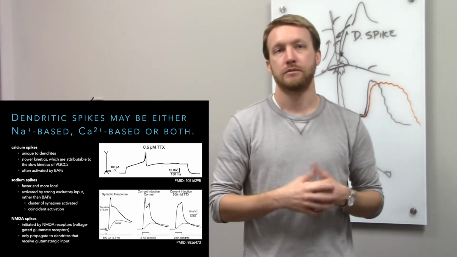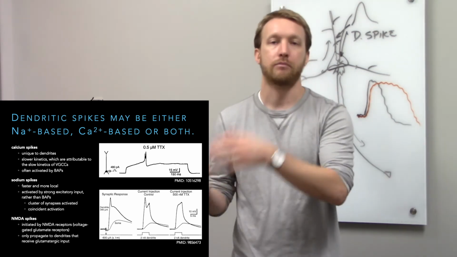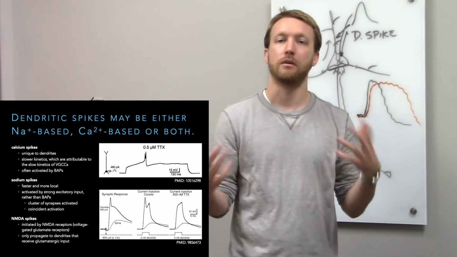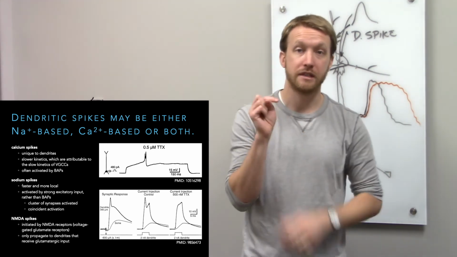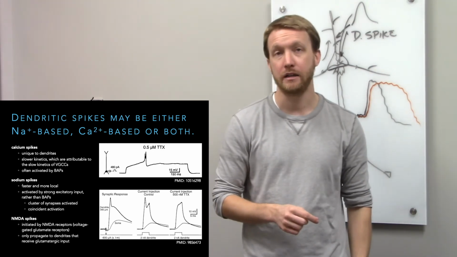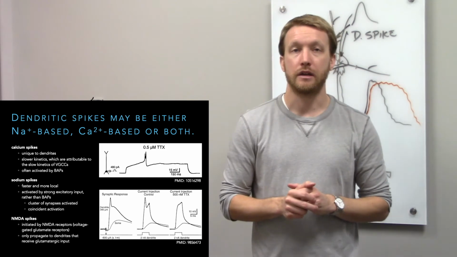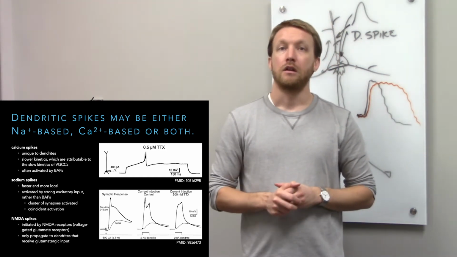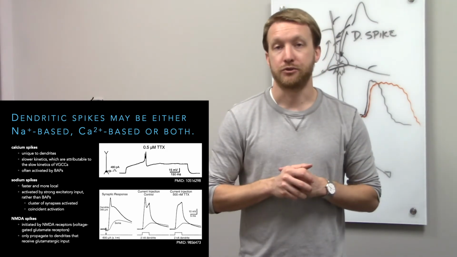So these calcium spikes are typically going to be caused by backpropagating action potentials that then open up voltage-gated calcium channels. So if you look at the recording on the top, what they're doing is stimulating action potentials in the cell body, and they're measuring the membrane potential in the dendrites. So what they then do is record it in the presence of tetrodotoxin.